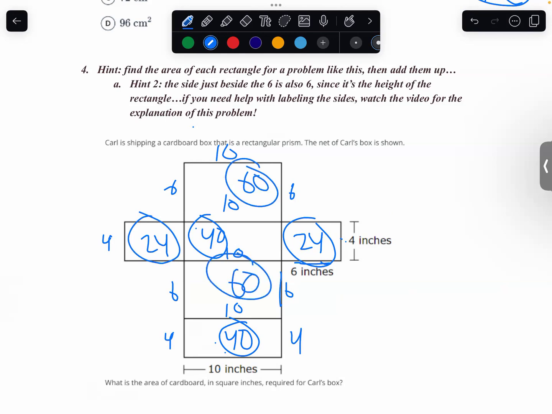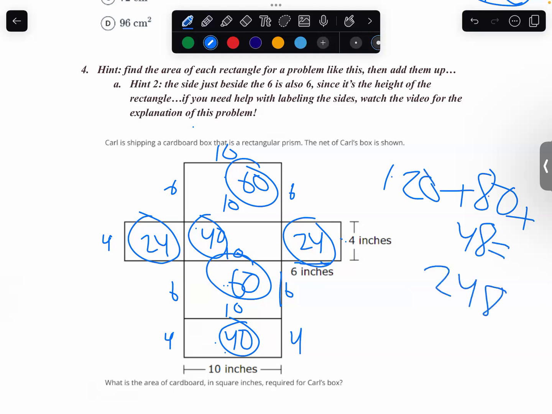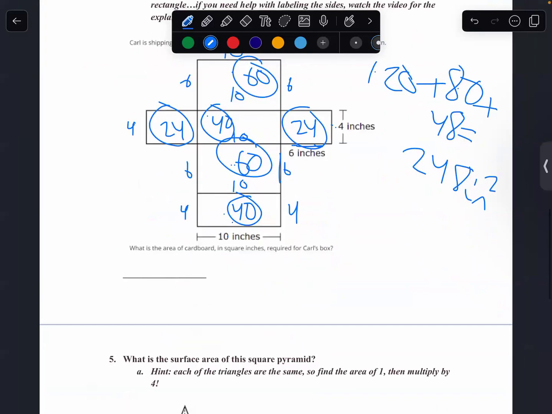So we need to add these up. 2 60s gives us 120. 2 40s gives us 80. And 2 24s gives us 48. So 120 plus 80 is 200. Plus 48 is 248 square inches. So you're just finding all the areas of the little rectangles.